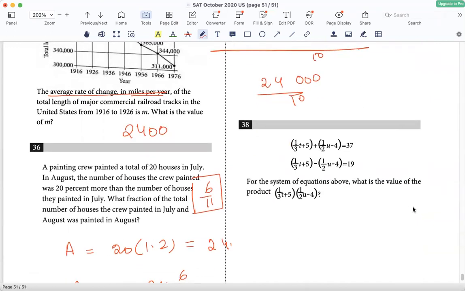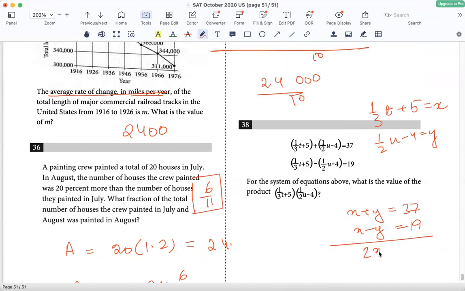For the system of equations above, what is the value of the product of 1 by 3 t plus 5 into 1 by 2 u minus 4? Okay, so I'm going to take 1 by 3 t plus 5 as x and 1 by 2 u minus 4 as y. So x plus y is 37 and x minus y is 19. So when I add this, 2x is 56.